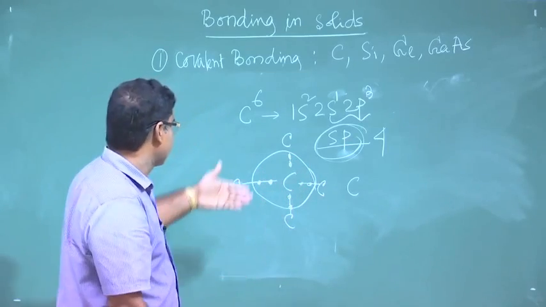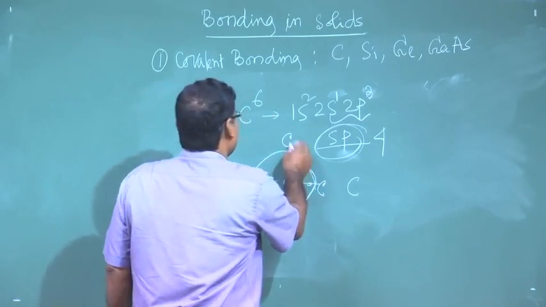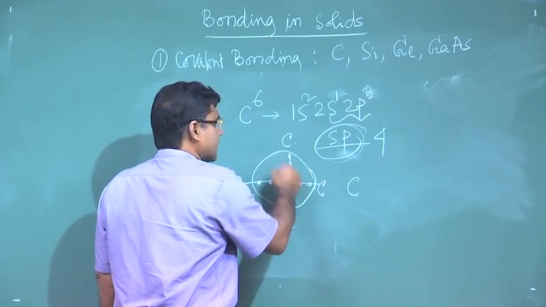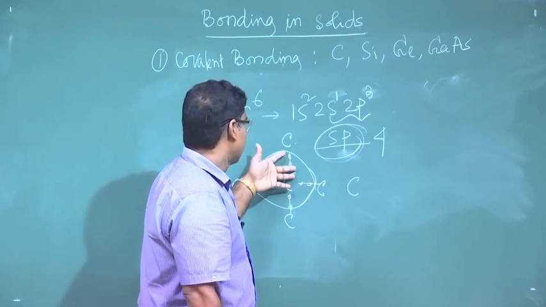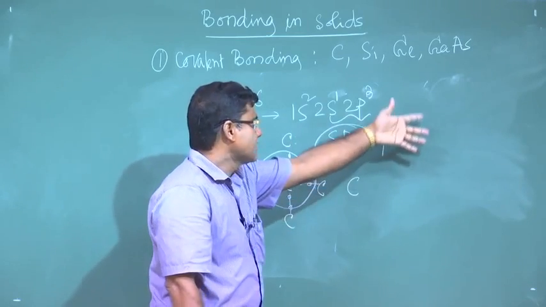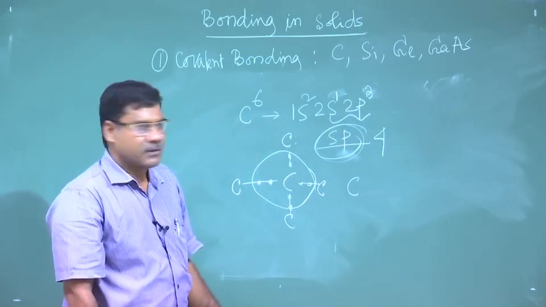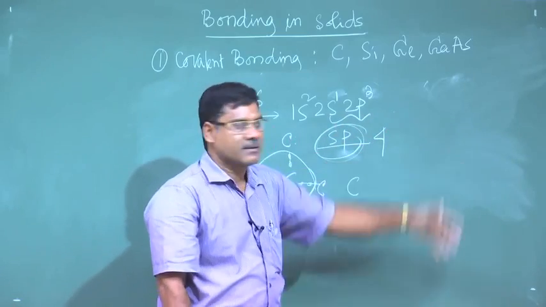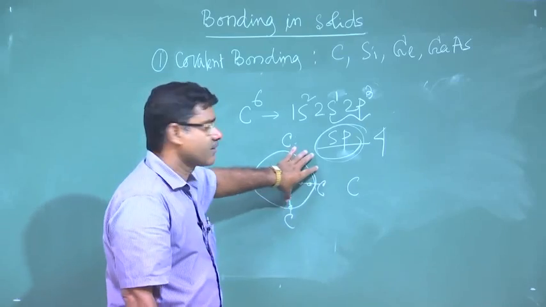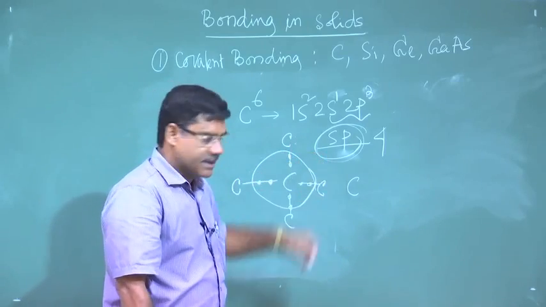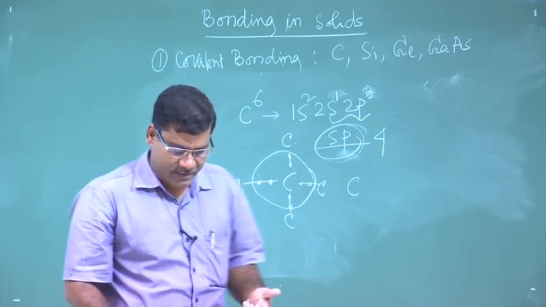So, this sharing is basically covalent bonding. In materials like carbon, silicon, germanium, the crystals are formed because of this covalent bonding.